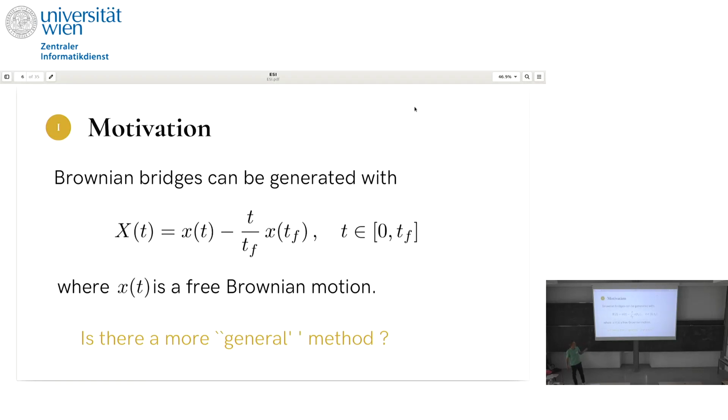Now you can check by letting t equal to 0 that you recover the initial position of the process, and when you set t equal to tf, the final time horizon, you get the bridge condition, capital X(tf) equal to 0. Next, you can convince yourself that this gives the right statistical weight, because it's a linear combination of a Gaussian process, so it remains a Gaussian process. And so you can compute a 2-point correlator and check that it corresponds to the Brownian bridge.